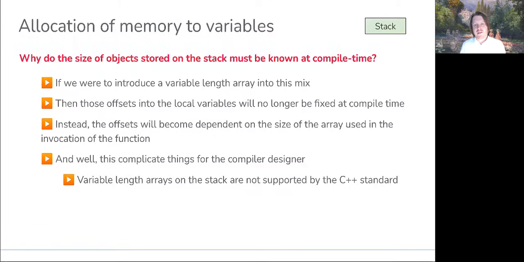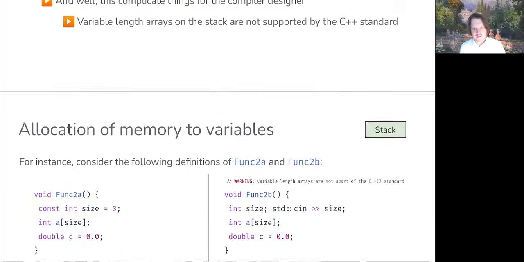My favorite response to this, I believe it's in one of Bjarne Stroustrup's books, he's the original implementer of the C++ language, he said, this complicates things for the compiler designer. So variable length arrays on the stack are not going to be supported by the C++ standard.